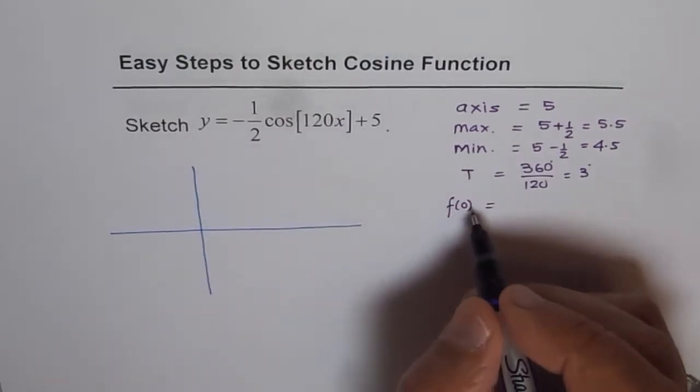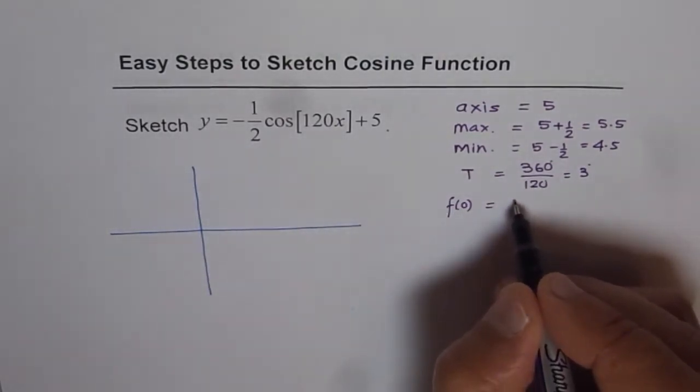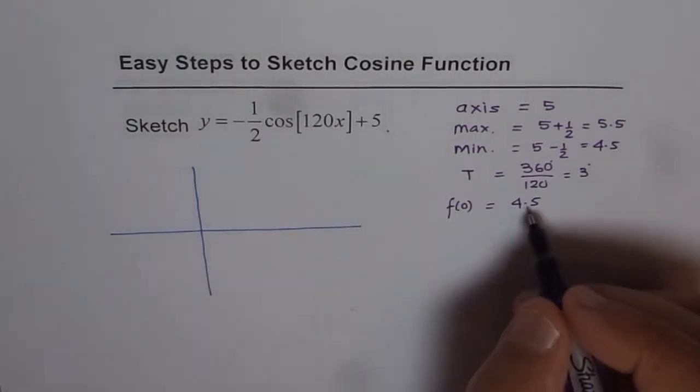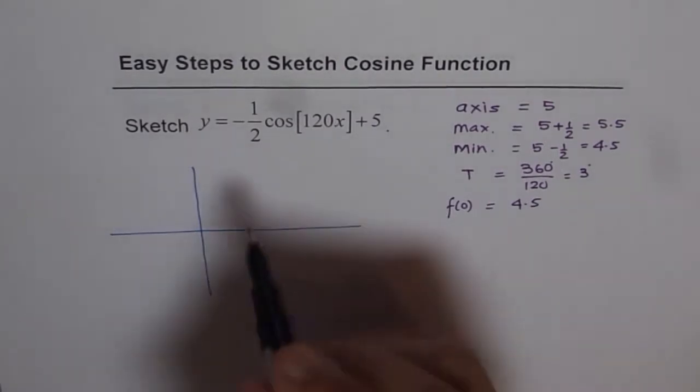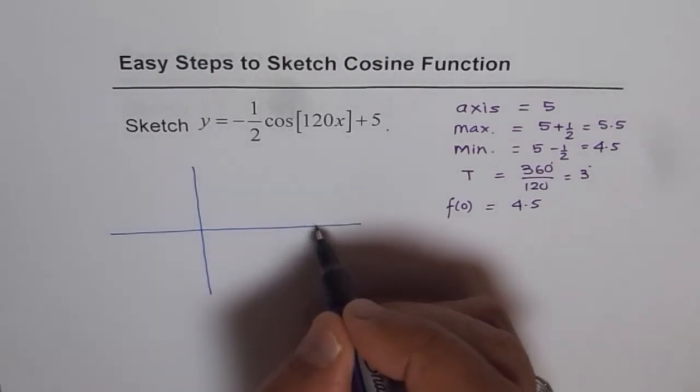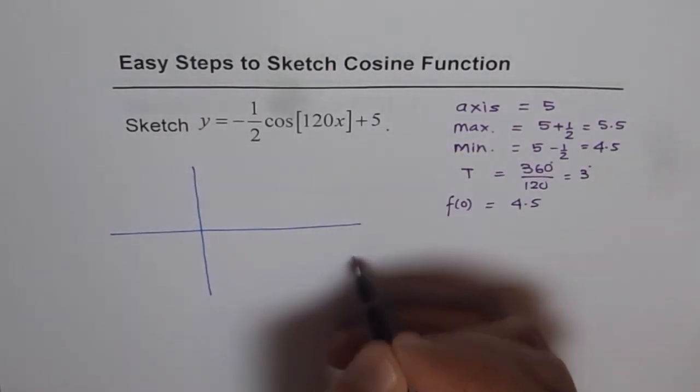And therefore at 0, you have a minimum point, which is 4.5. Correct? So that is the starting point for us. So basically, it's a cosine function which starts right from the bottom and goes like this. That is how it is.